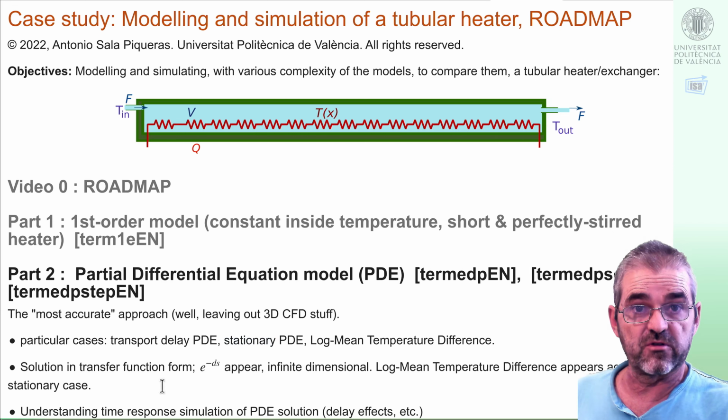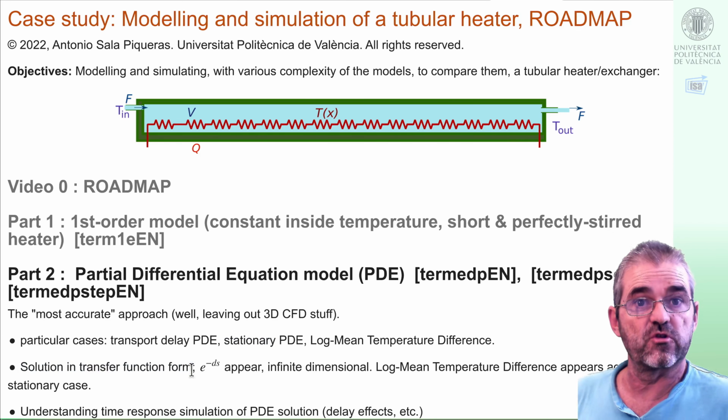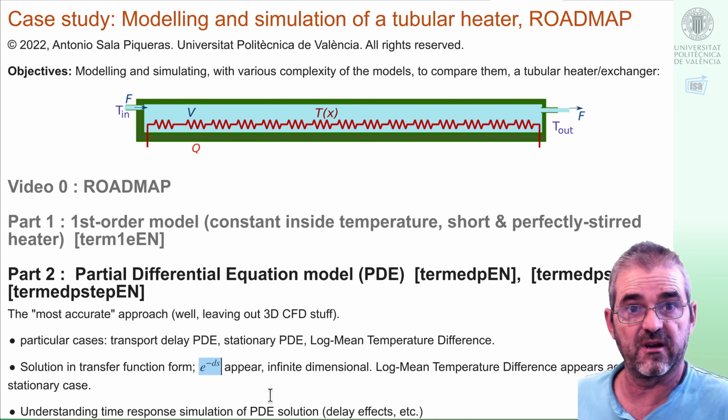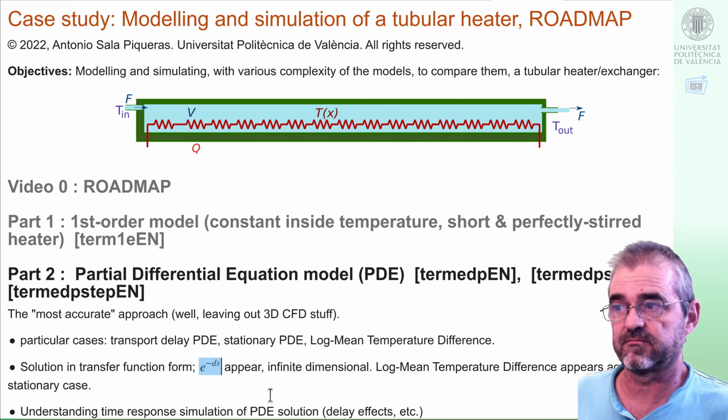We also try to solve the PDE with the Laplace method, and we will obtain a solution, let's say, in transfer function form, in which we will have these exponential terms in the Laplace variable, which will be, of course, the Laplace transform of delays. And then understanding that and simulating will be, let's say, the part 2 of the case study.